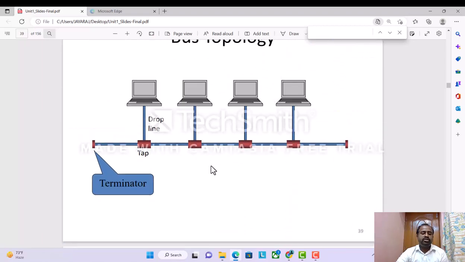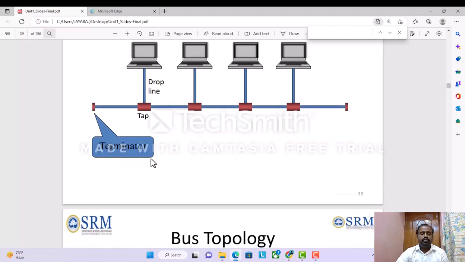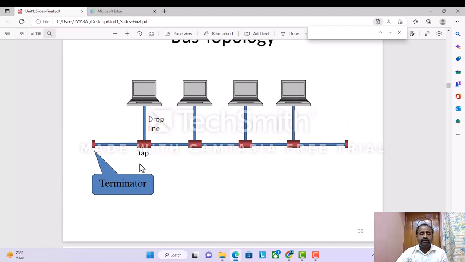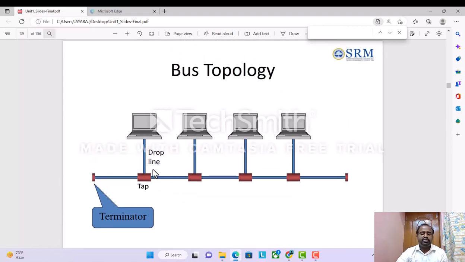Then bus topology, as we have discussed already, it's like a tap. See, every individual system is connected to the main line. That is nothing but your link. The nodes will transfer the connection from the link so that the information can be shared between the systems.